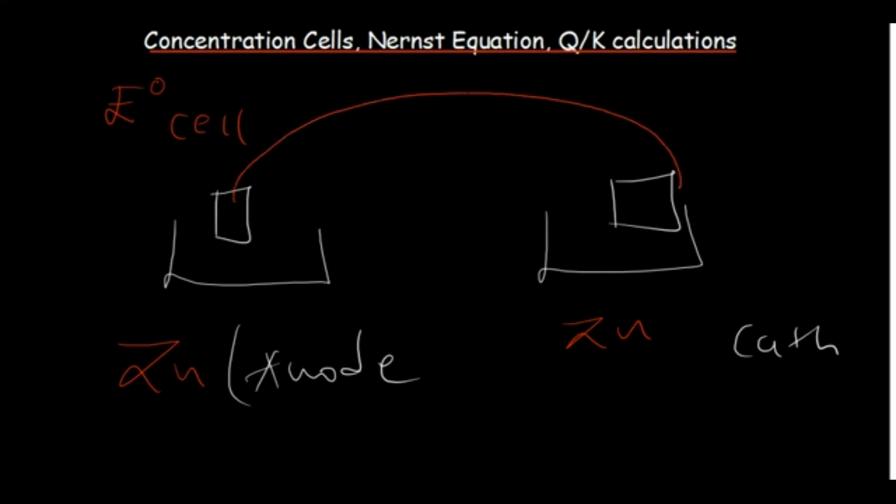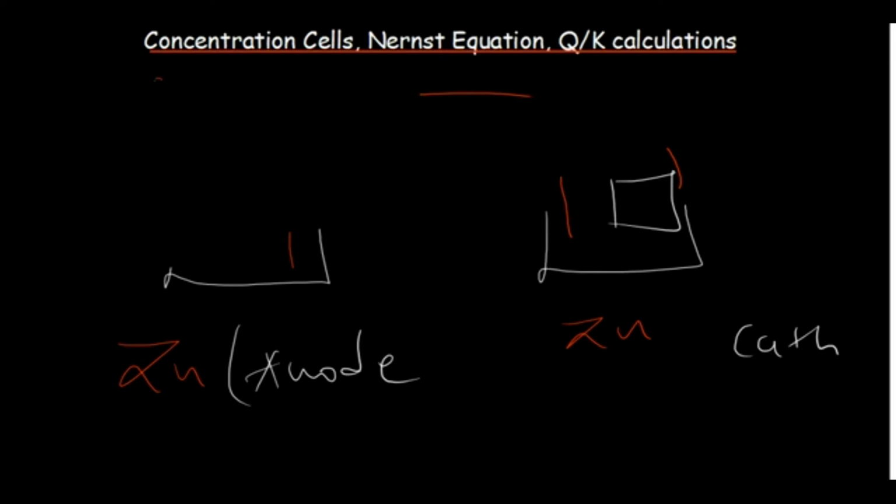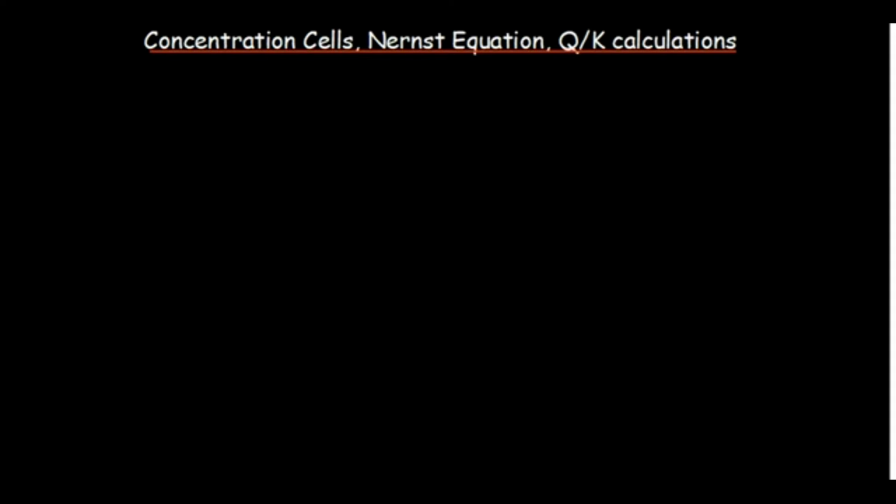The case where you use the same substance in a galvanic cell is called a concentration cell. A concentration cell is a galvanic cell that uses the same element with different concentrations on two different ends.